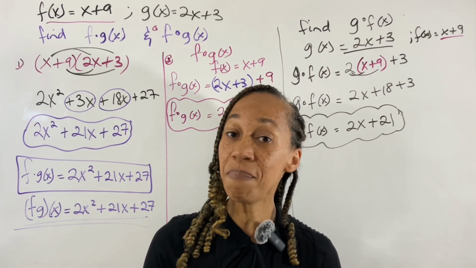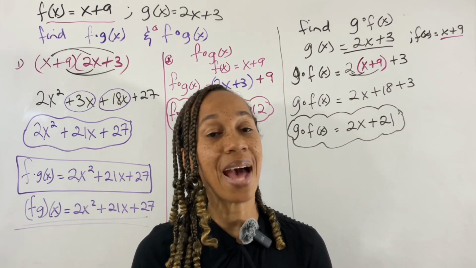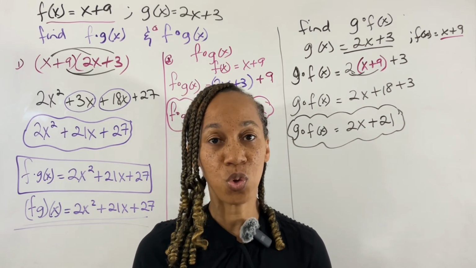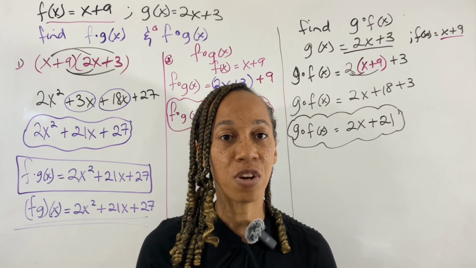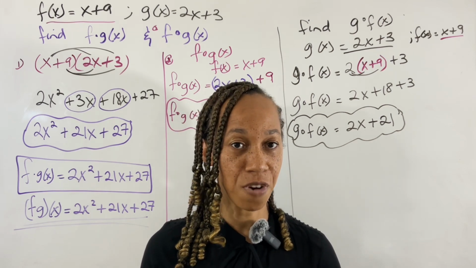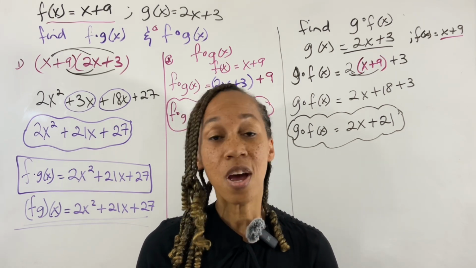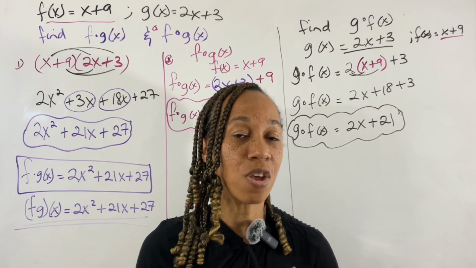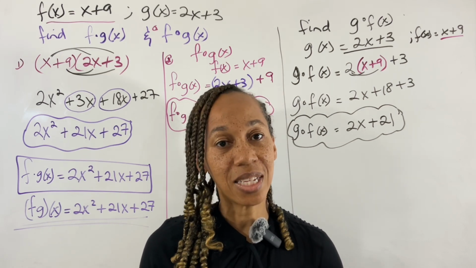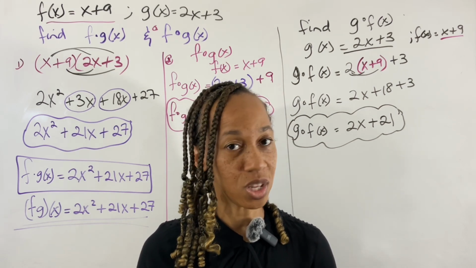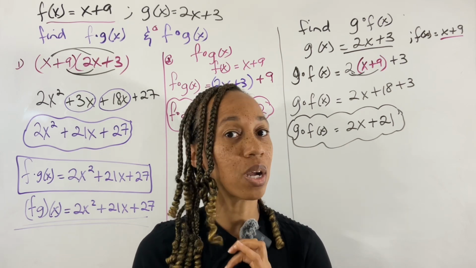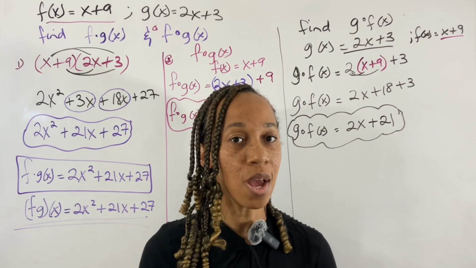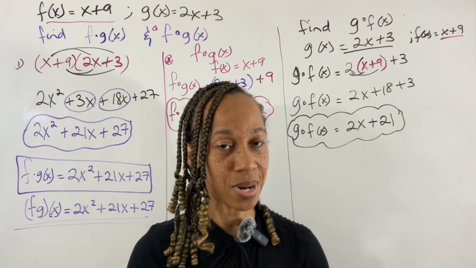And if you're doing the composition, it simply has to do with you substituting the other function for the variable in the first function. So taking the second function, substituting it into the variable that is in the first function. So that is in a nutshell what composition is all about, and don't mix the two up, please.